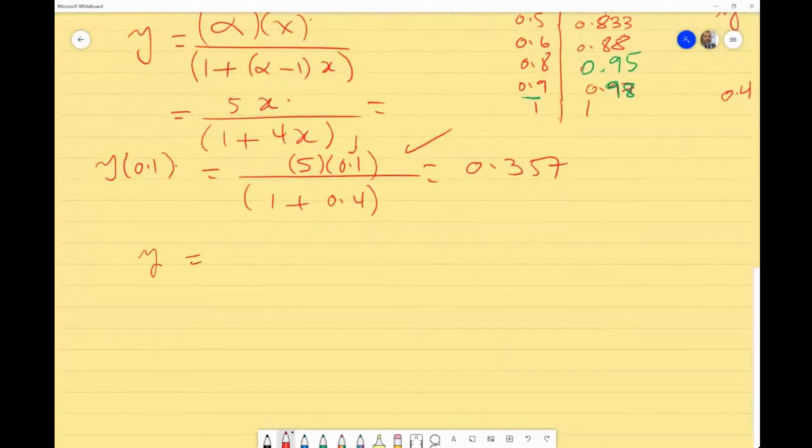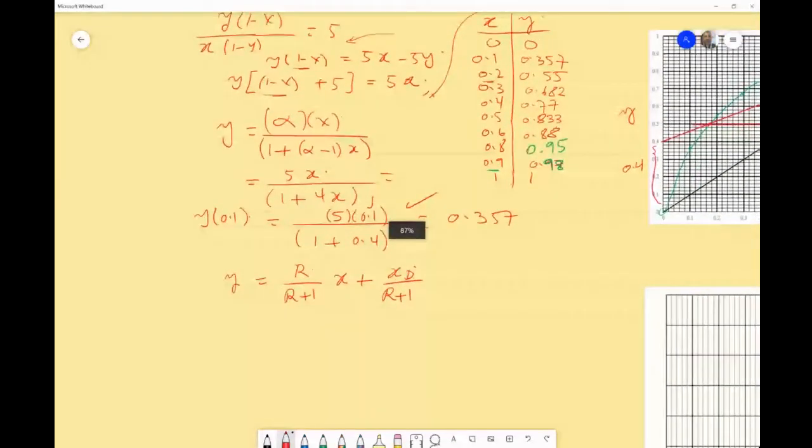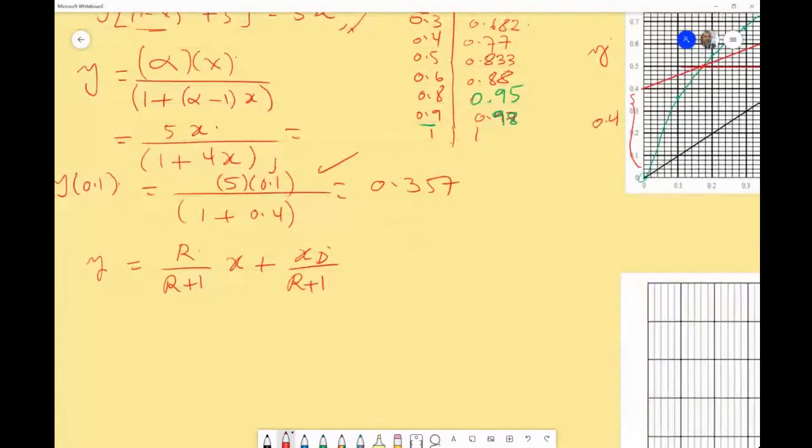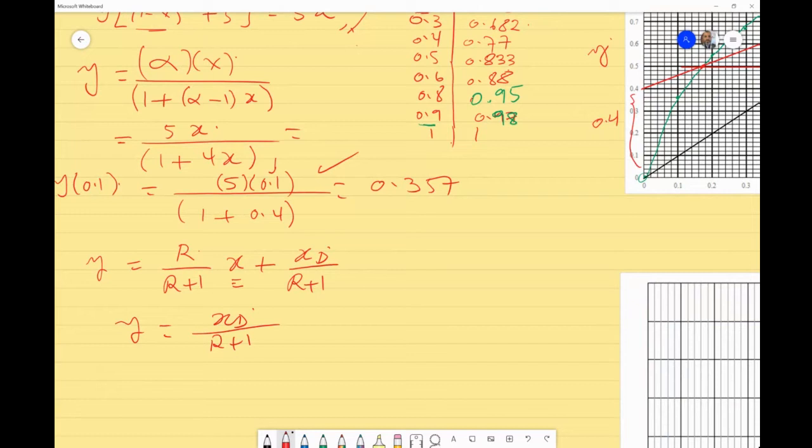This is for the operating line. The top section is basically R over R plus 1 x plus xd over R plus 1, right? So if you compare this one, at x equal to 0, y should be what? Should be xd over R plus 1.